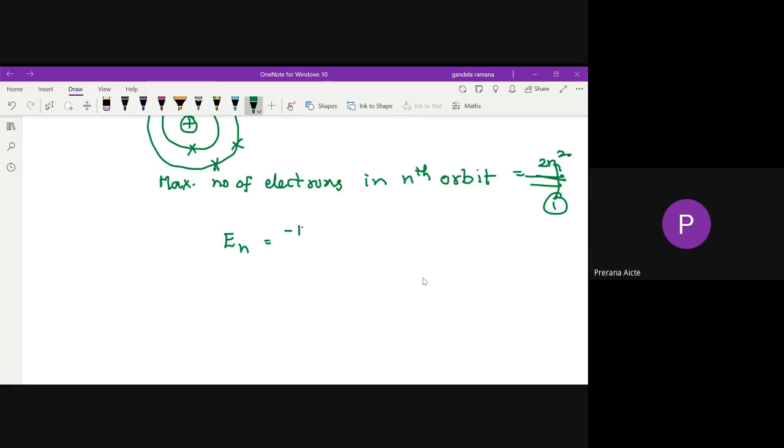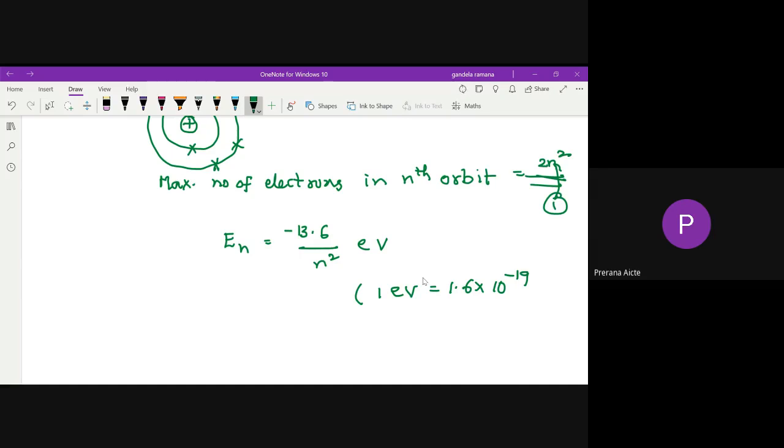The formula is minus 13.6 by n square electron volts. Here, 1 electron volt is equal to 1.6 into 10 power minus 19 joules.